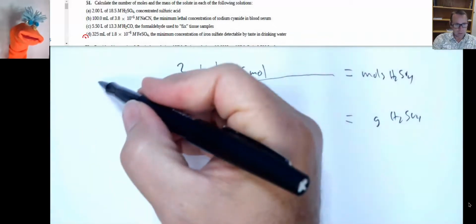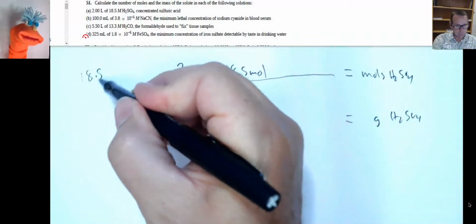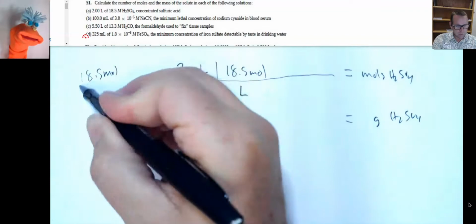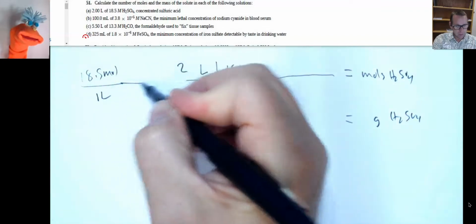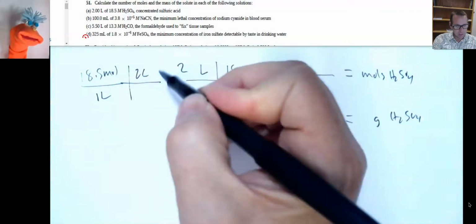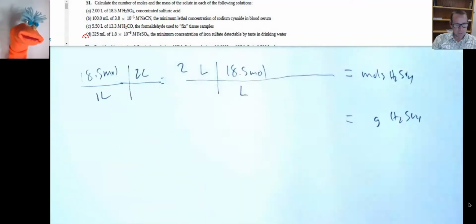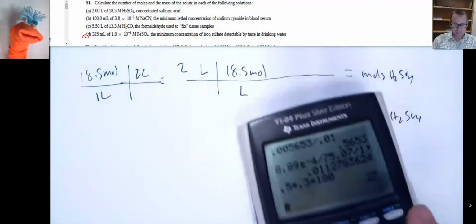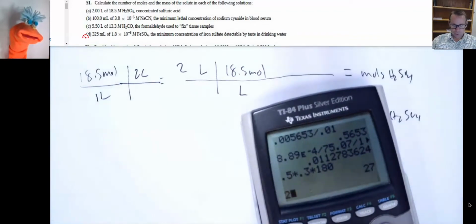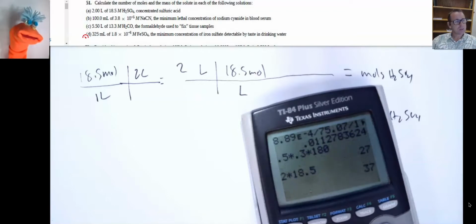If I started off with 18.5 moles for every liter, and then I multiplied it by my 2 liters, I'd end up with the same units, right? Okay. So 2 times 18.5 is how many moles of H2SO4 I'm going to have.